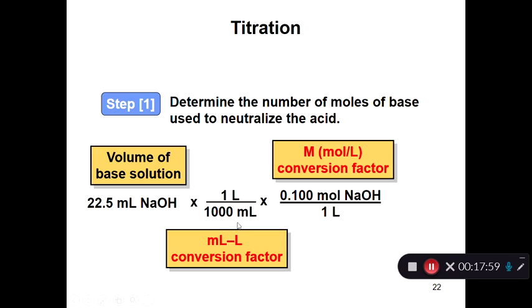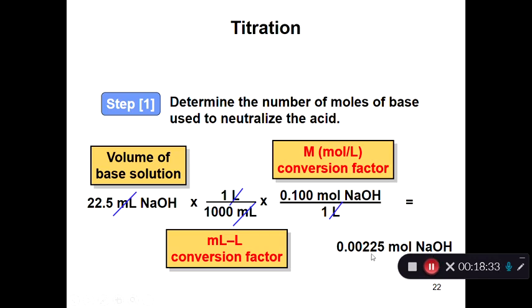So I converted to liter first, then I'm going to convert to moles. If you do that, you are going to calculate moles of NaOH. So this number is like this. So first, I converted volume to liter because I need to use the molarity definition. Molarity definition is mole per liter. So that is why I used liter. So then I multiply by molarity of NaOH. So this number is moles of NaOH.